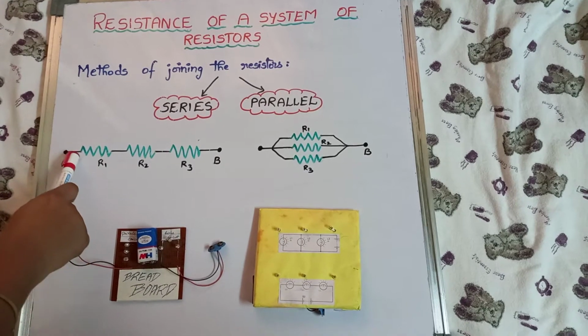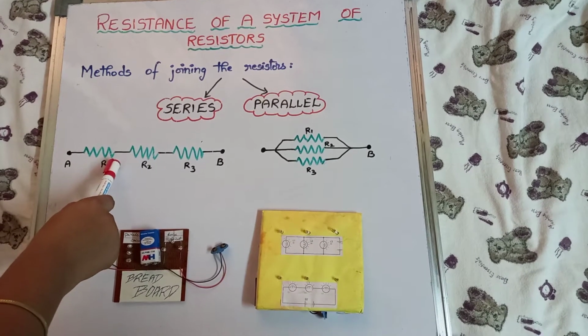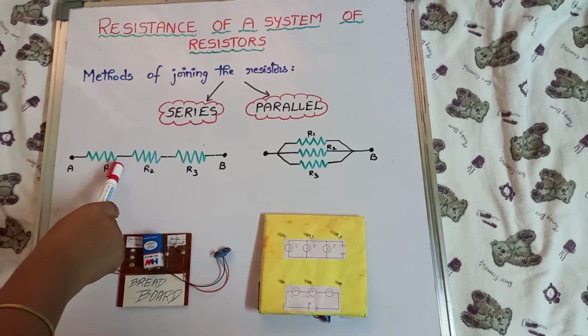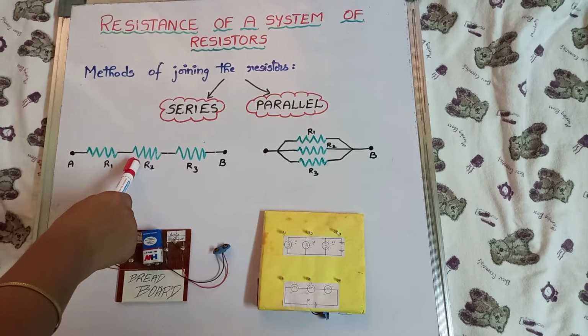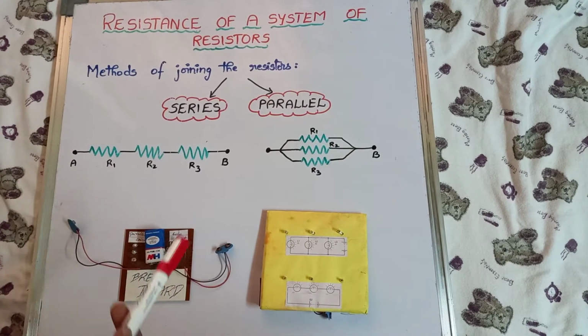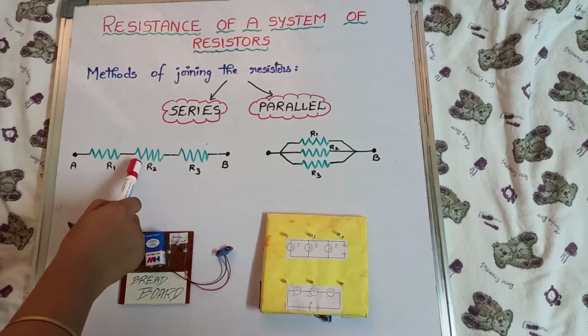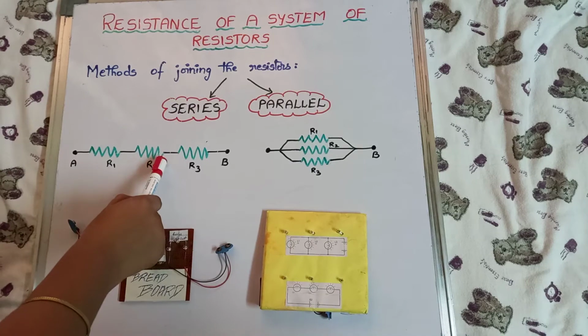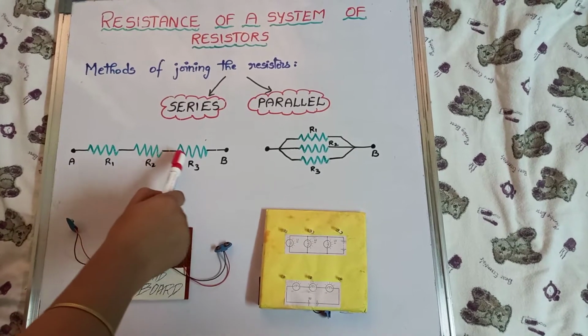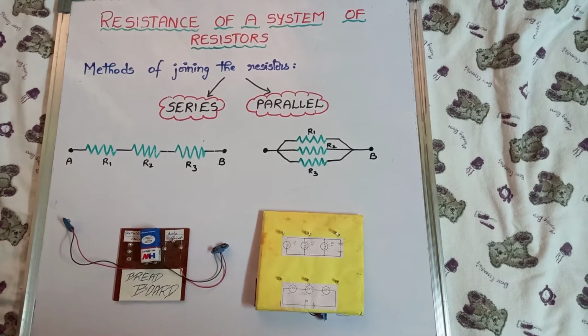The right side of one resistance is connected to the left side of another resistance. That is, we can even say that the positive terminal is connected to the negative terminal of another resistance, and the second resistance's positive is connected to the negative terminal of another resistance.